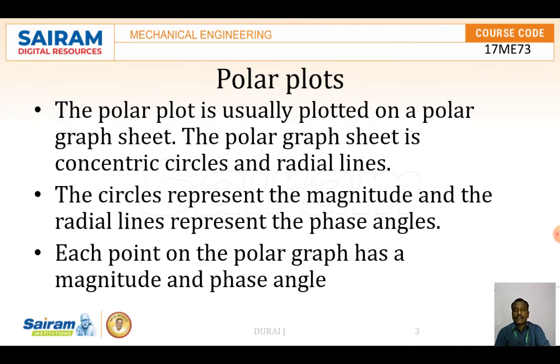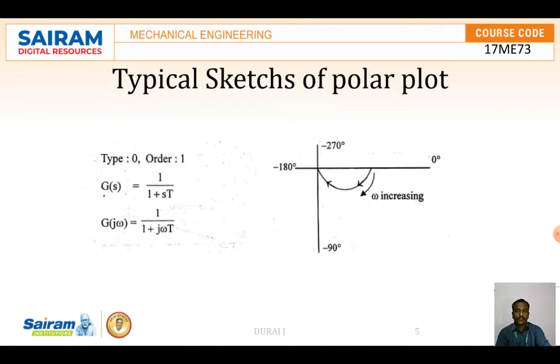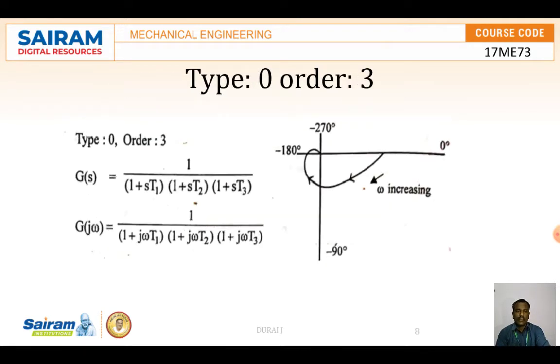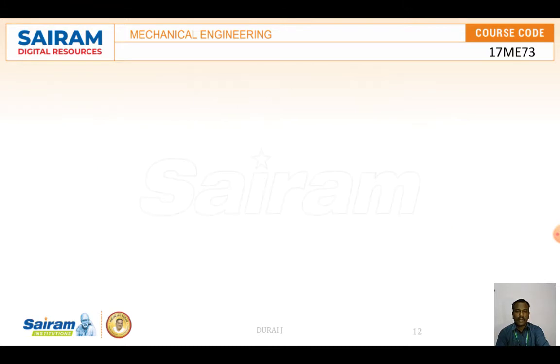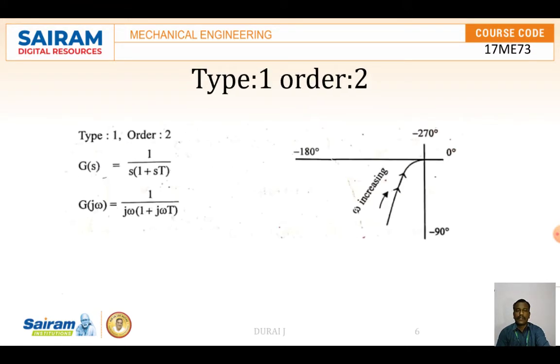So then comes the polar plot. The polar plot is usually plotted on a polar graph sheet. The polar graph sheet is concentric circles and radial lines. Actually I'm going to show you in this video or the next video how those things will come.